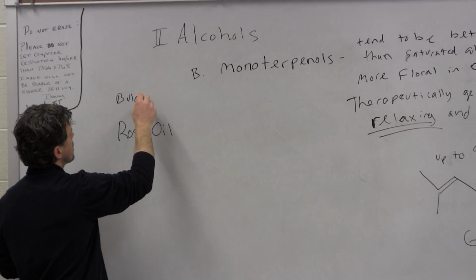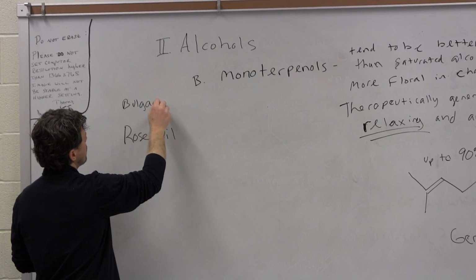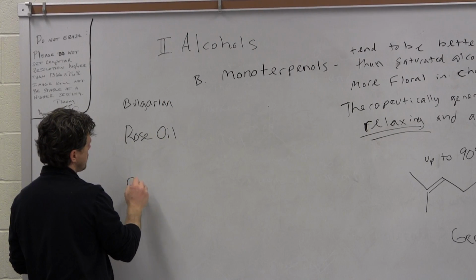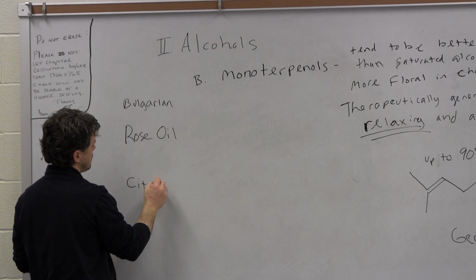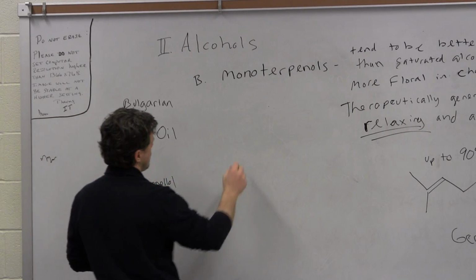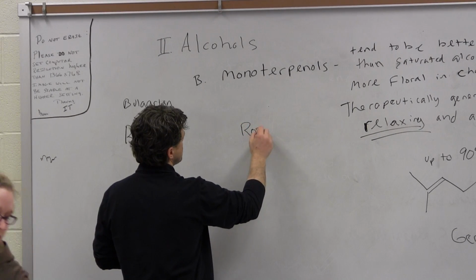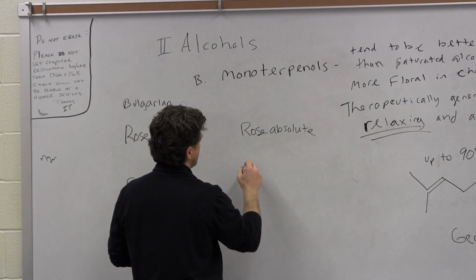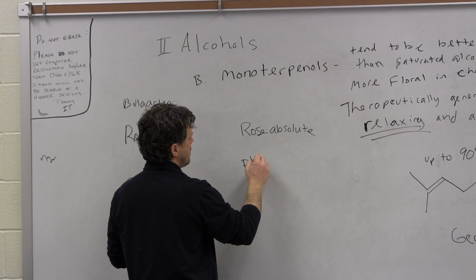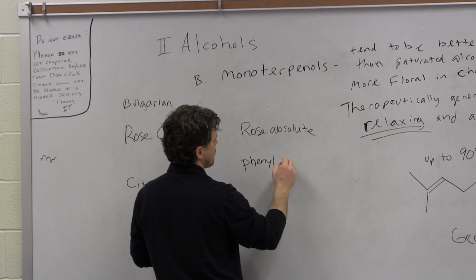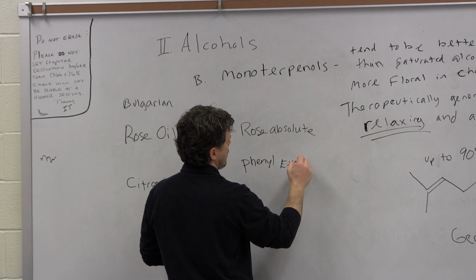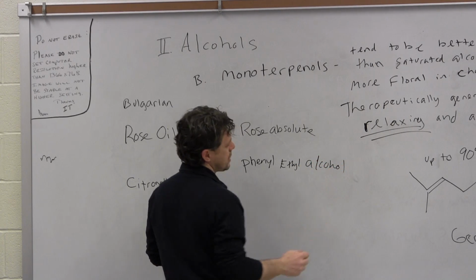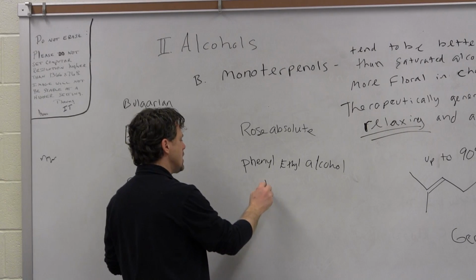It's a little different for Turkish. But for Bulgarian rose oil, the main component is citronellol. For rose absolute, it's phenyl ethyl alcohol. It's also called rose alcohol or PEA.